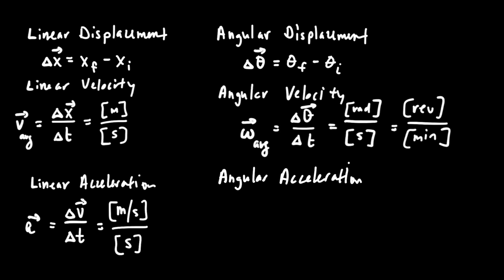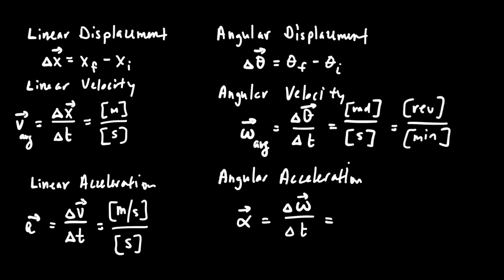And for angular acceleration, we use the symbol alpha, the Greek letter alpha, which looks like a little fish. Alpha is also a vector, and it has the same form of the equation as the linear acceleration, and so it's not delta v, but delta omega over delta t.